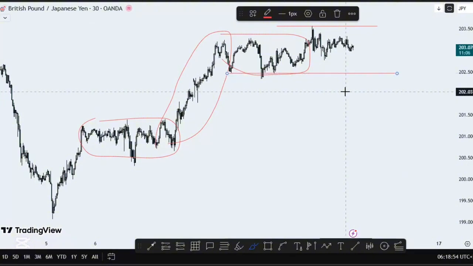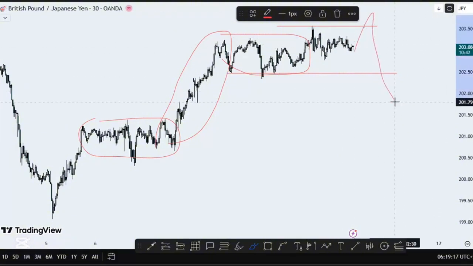Once it takes too long in an accumulation phase, this means that the next push is going to be very, very strong. So you guys take care when it comes to entering these setups, because you're going to see a lot of manipulation taking place in the market before price initiates its strong supply move, a strong bearish move.